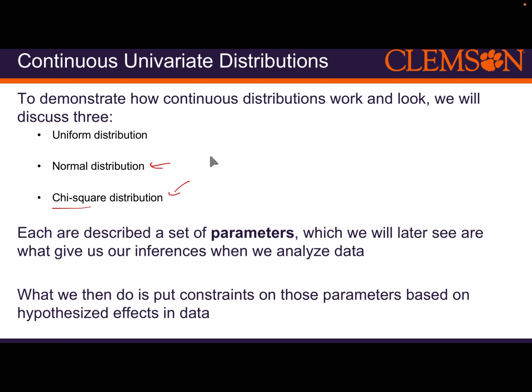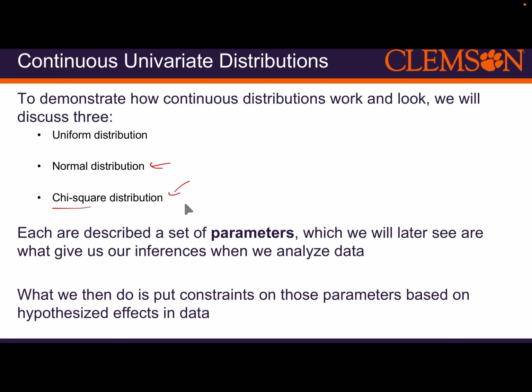So when you have a distribution on the theoretical side, the shape and range of that distribution follows a mathematical form. We talked about the probability density function. And within the probability density function, there are a set of parameters that govern the shape of it. We will later see these parameters themselves are what give us the inferences when we analyze data. Right?